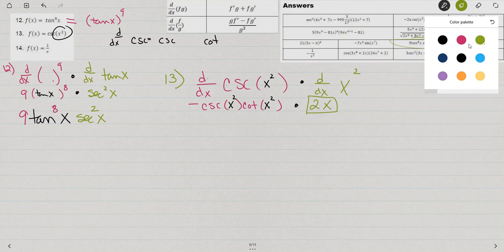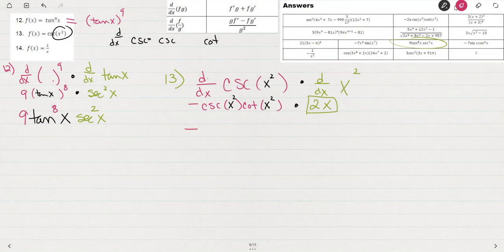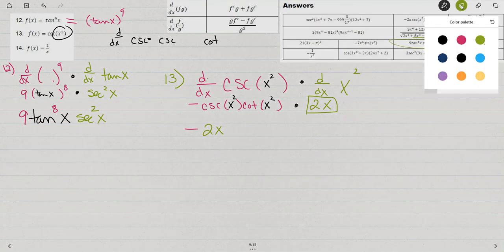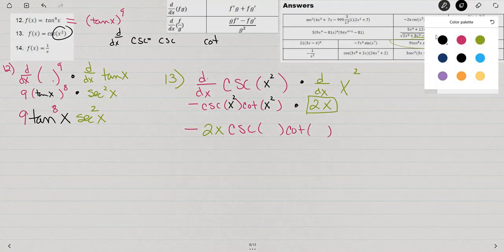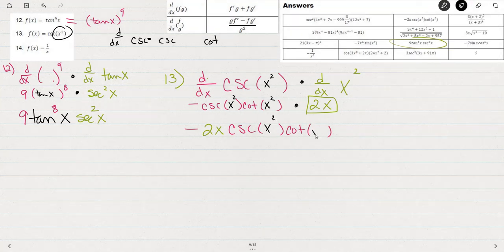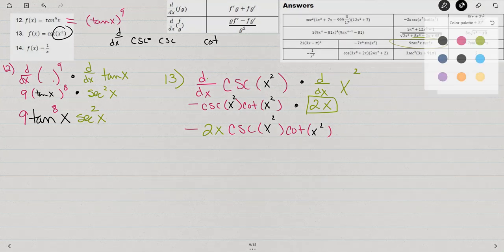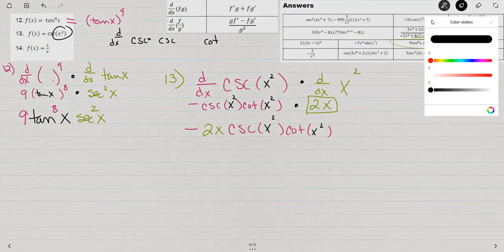We've got our negative, or our opposite of 2x cosecant of x squared cotangent of x squared. And you can find that answer in the answer box there to verify, yep, we've got it. And then one last example, number 14.